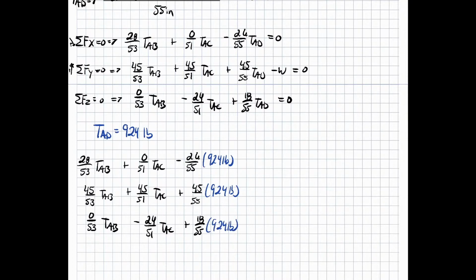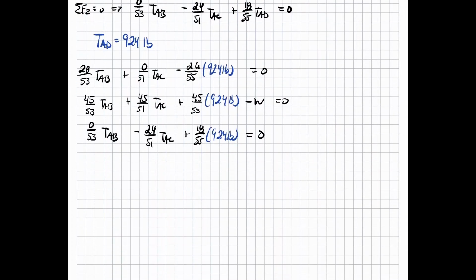Don't forget the weight, minus W, all equal to 0. Okay. So that is going to be our full equations for the sum of forces in the x, y, and z direction. Now we have three unknowns and 3 equations.